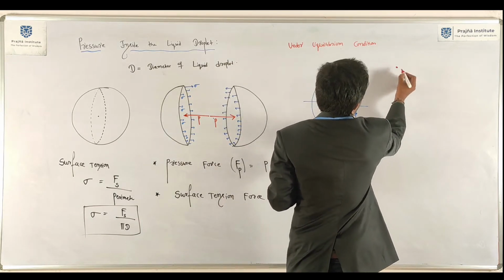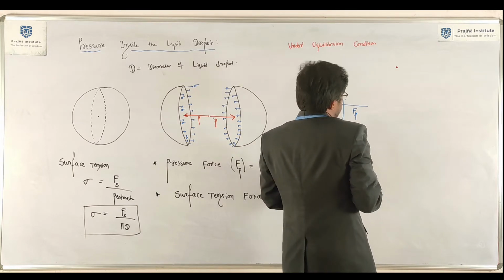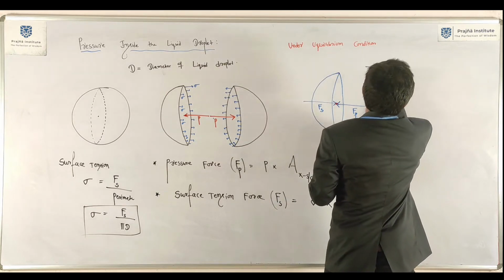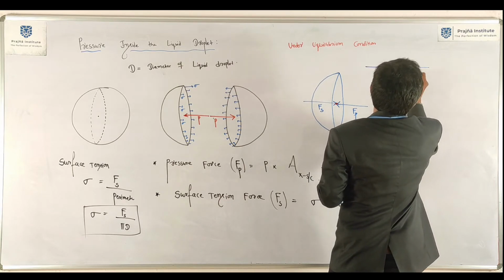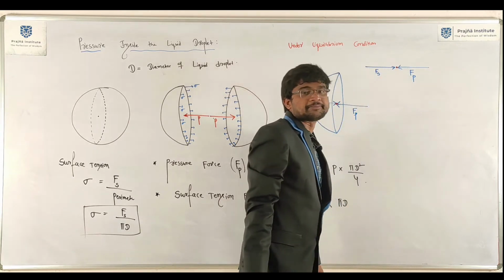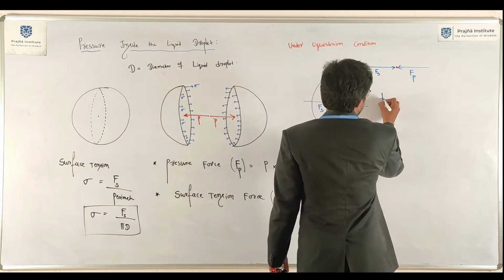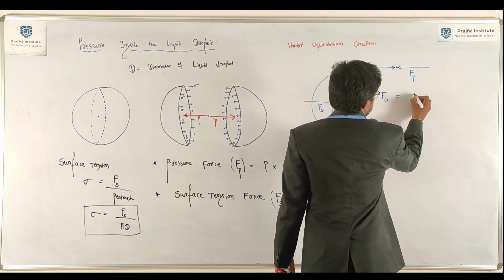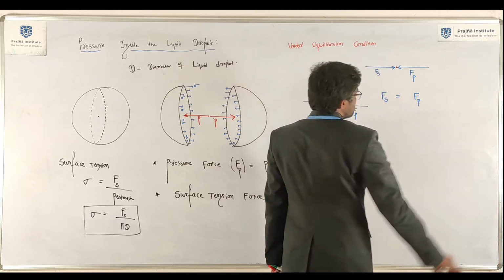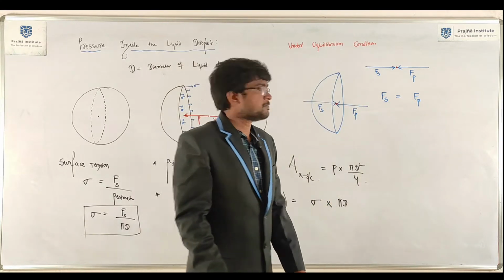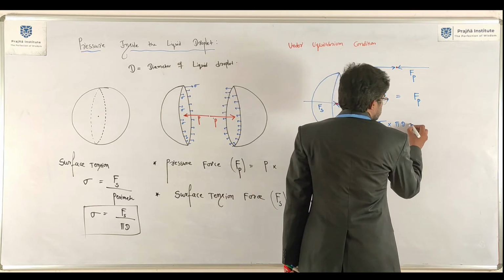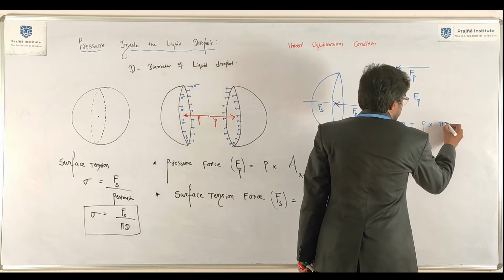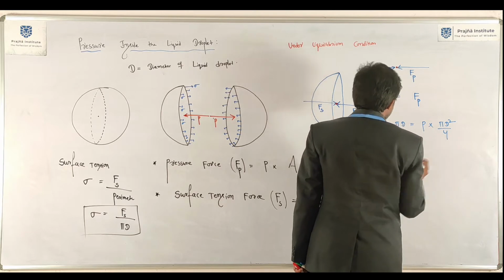Under equilibrium condition, surface tension force is acting away, and the pressure force is always compressive in nature. Surface tension force equals pressure force. Sigma into pi d equals pressure P into pi d square by 4.